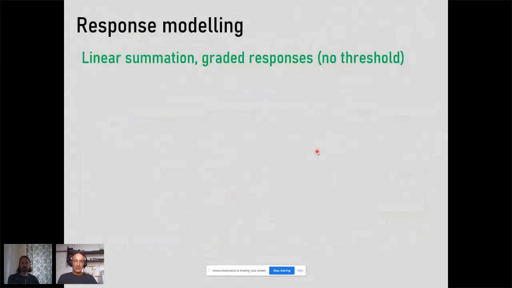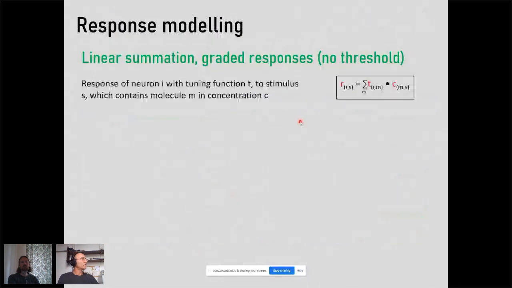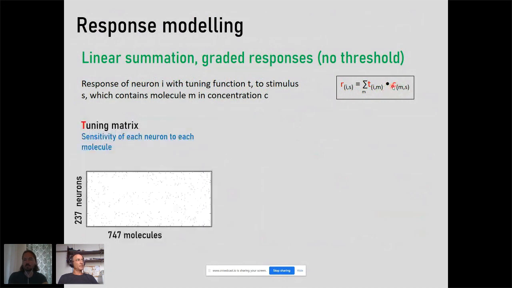And here is the modeling. It's a very simple modeling, especially for this kind of a conference. The response is a linear summation. It's a graded response, so there's no thresholding here. The response of a neuron to a certain stimulus is given by the neuron's tuning function to the different molecules, and also the concentrations of the molecules in the specific stimulus.